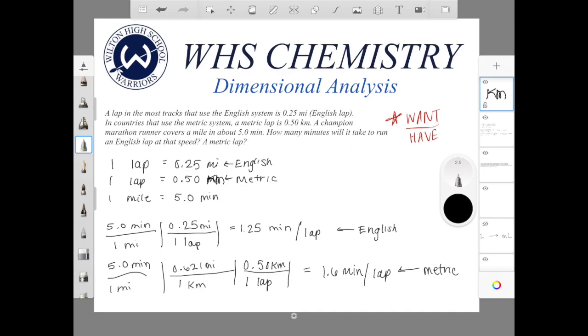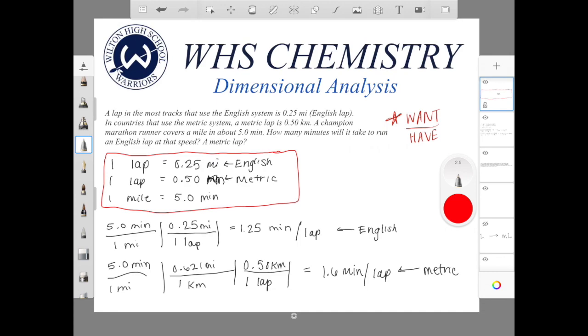We also wrote out that 1 mile is equal to 5 minutes for the runner. So those are our givens. Now, in order to solve this problem, we have to do a lot of dimensional analysis, so we always have to remember to set up our conversion factors, which is what you want over what you have.